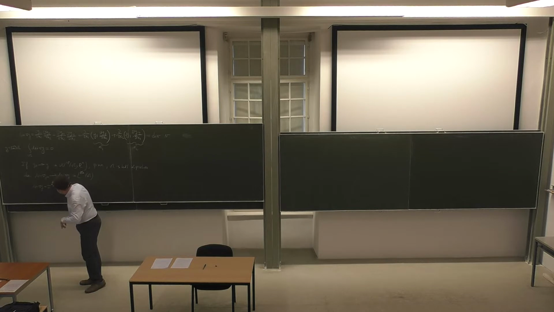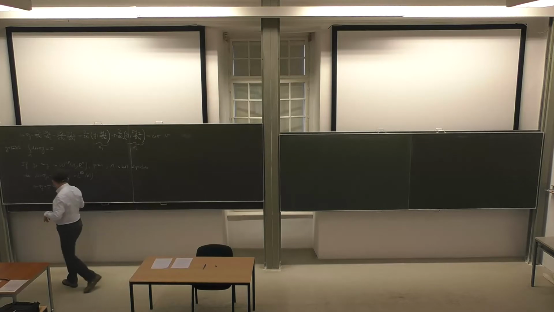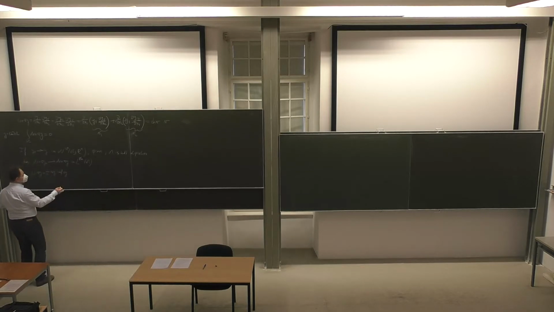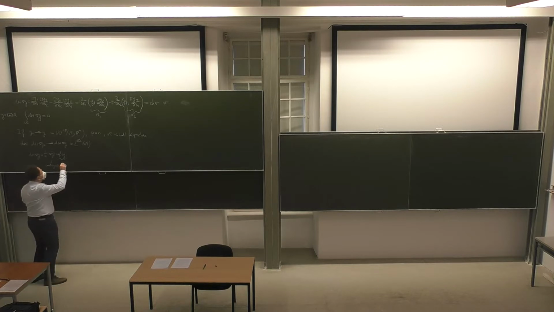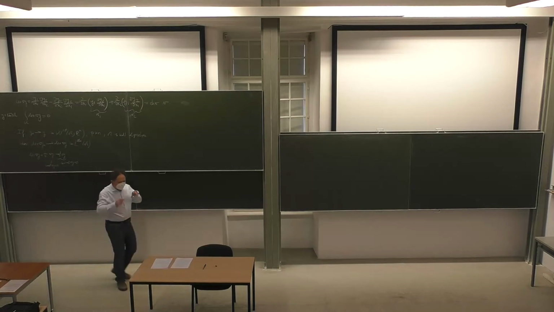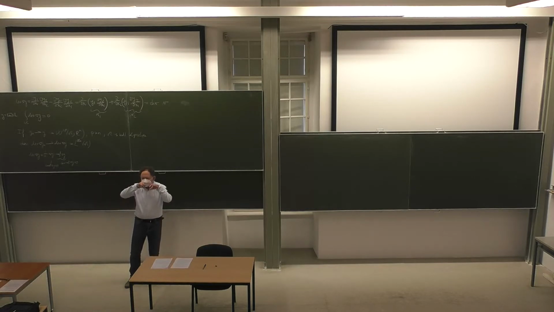This guy here is a gradient, so it's curl free. Curl of gradient of y equals 0. And this guy, cofactor of grad y, is divergence free. And here the divergence of a matrix is calculated row-wise.